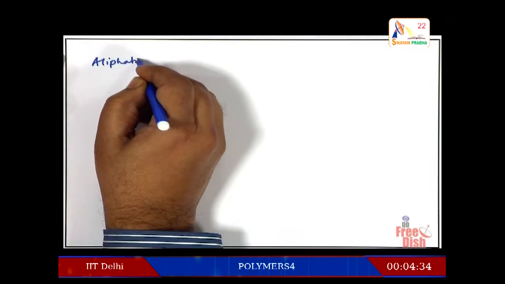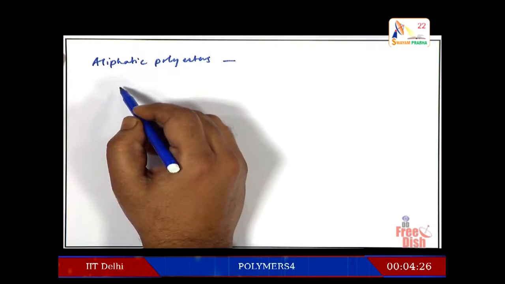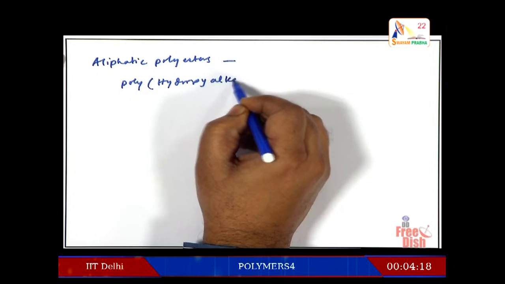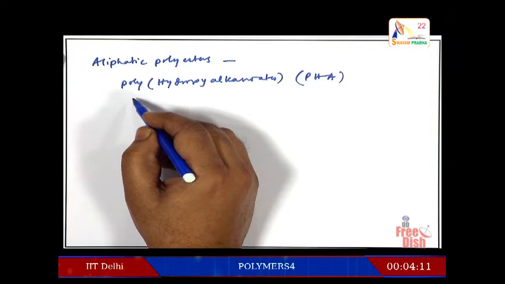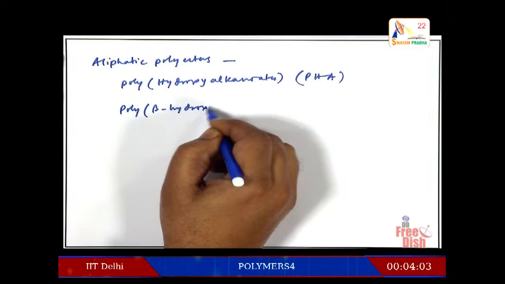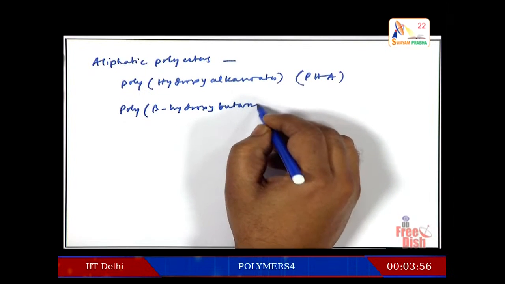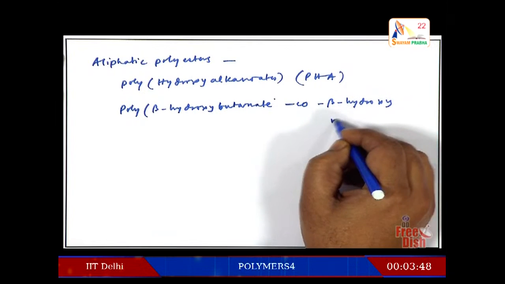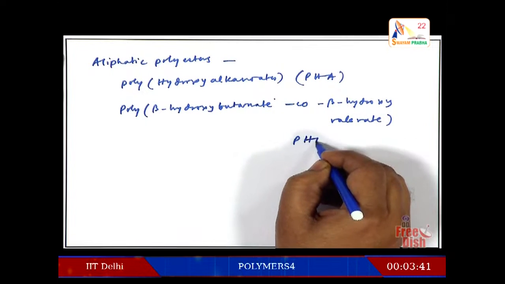Among synthetic polymers, aliphatic polyesters are generally biodegradable. An example would be polyhydroxyalkanoates, or PHA in short, and an example is poly beta hydroxybutyrate-co-beta hydroxyvalerate, in short called PHBV.